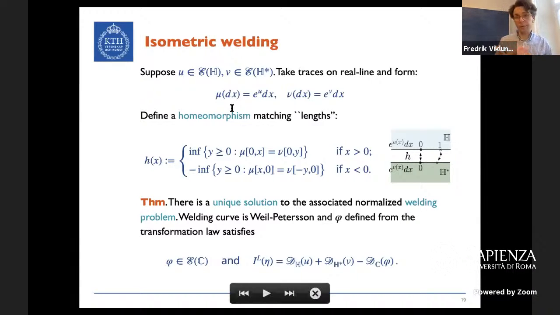We call this isometric welding. The theorem is that there's a unique solution to the associated normalized welding problem, and the welding curve is a Weil-Petersson quasi-circle through infinity, and phi defined from this transformation law does satisfy this cutting identity that I showed before.